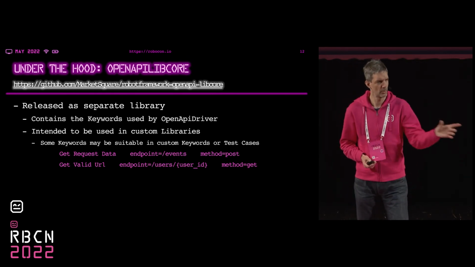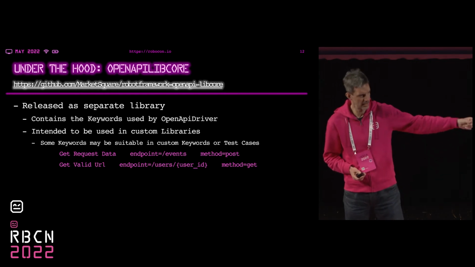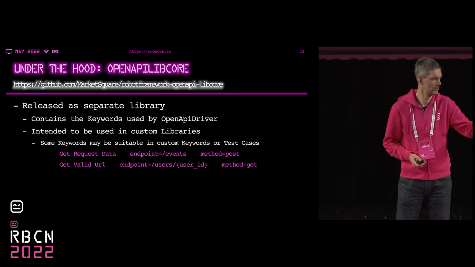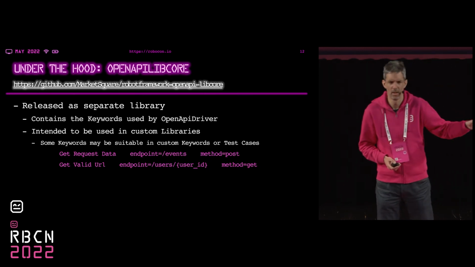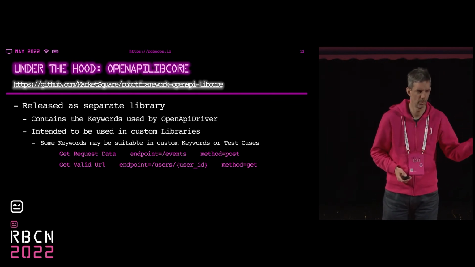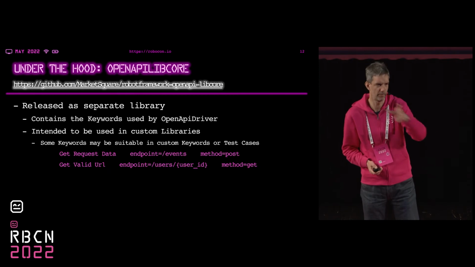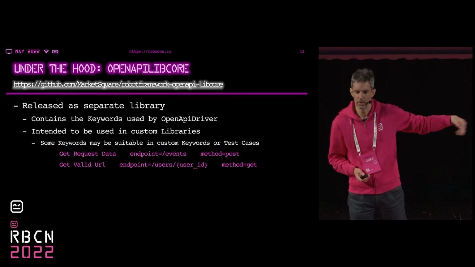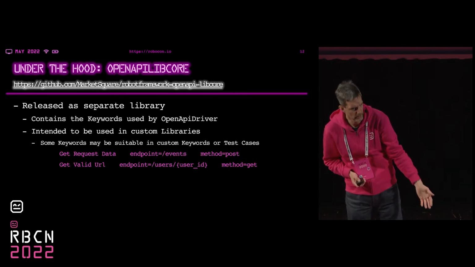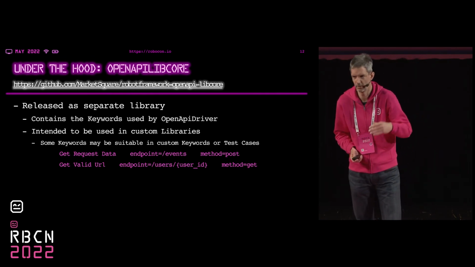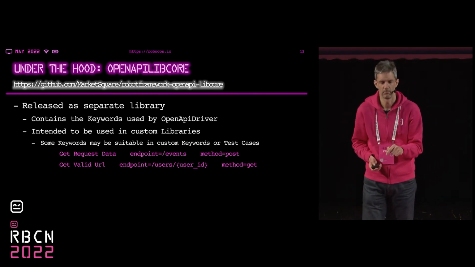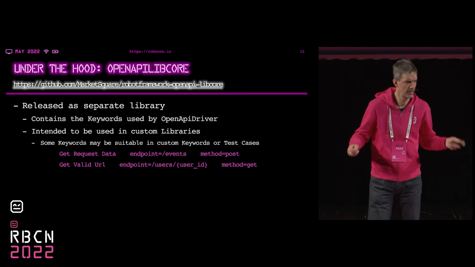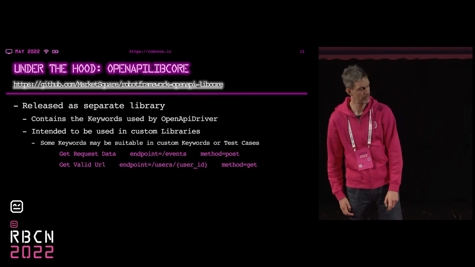And if I do that for a path that has an ID in it, the library will just say, okay, to be on the safe side, maybe we're going to delete this, so let me try to create one for you. So go back, try the post, look it up in the spec. Okay, we can do this. Okay, we post it. And then you have the ID in that, and you give that back. And then you have your URL for a newly created resource that you didn't yourself create. It got created because you wanted that URL to use. So there's a number of mechanics like this in OpenApiLibCore.